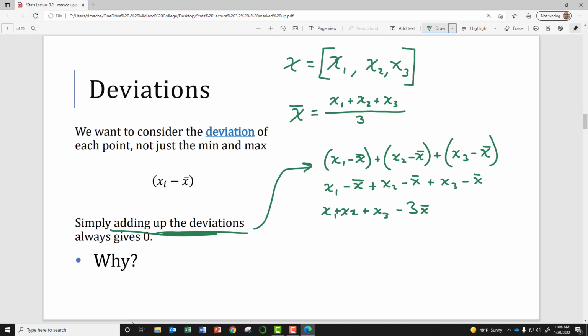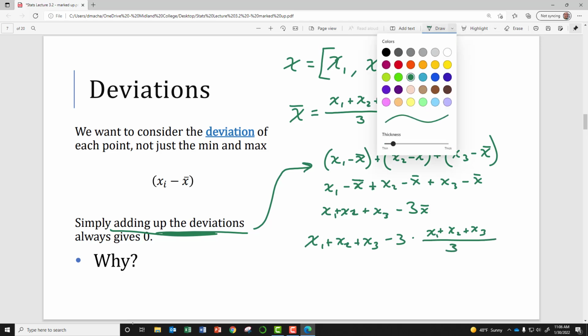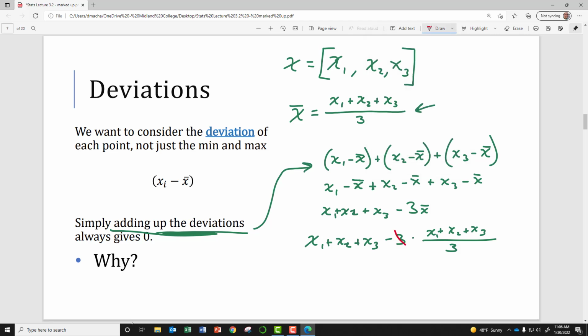And now I'm going to replace x bar with this definition that I gave for x bar. So I have x1 plus x2 plus x3 minus 3 times (x1 plus x2 plus x3) divided by 3. So this 3 in the numerator is now going to cancel with that 3 in the denominator.